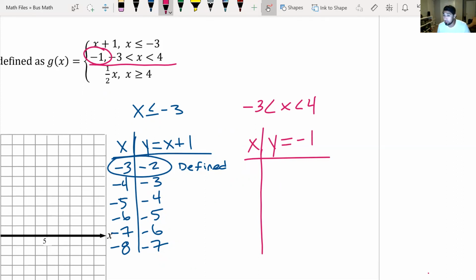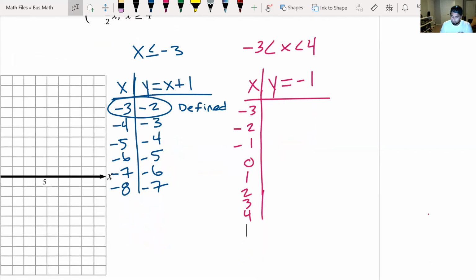It says pick numbers between -3 and 4. -3, -2, -1, 0, 1, 2, 3, 4. And no matter what x value I choose, as long as it's a number between -3 and 4, the output will always be -1. So -1, -1, -1, -1.